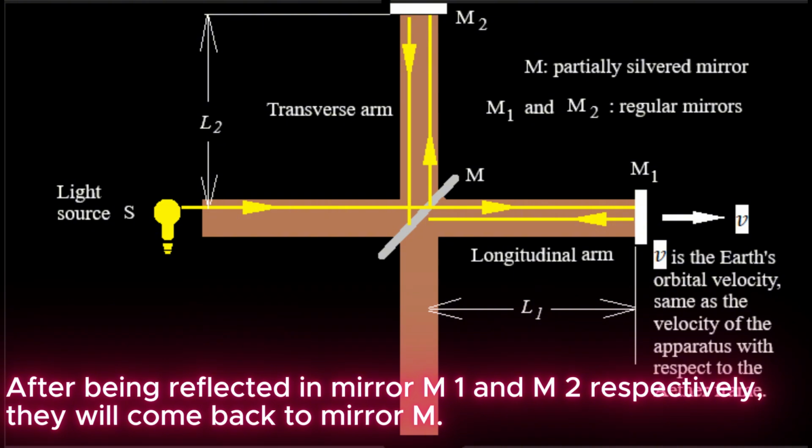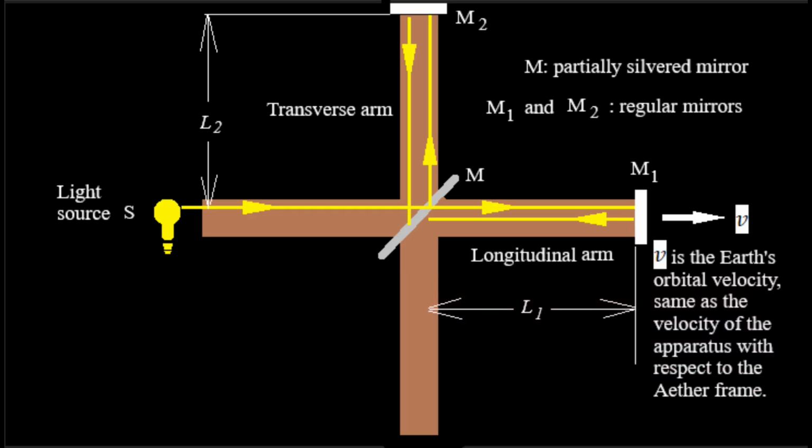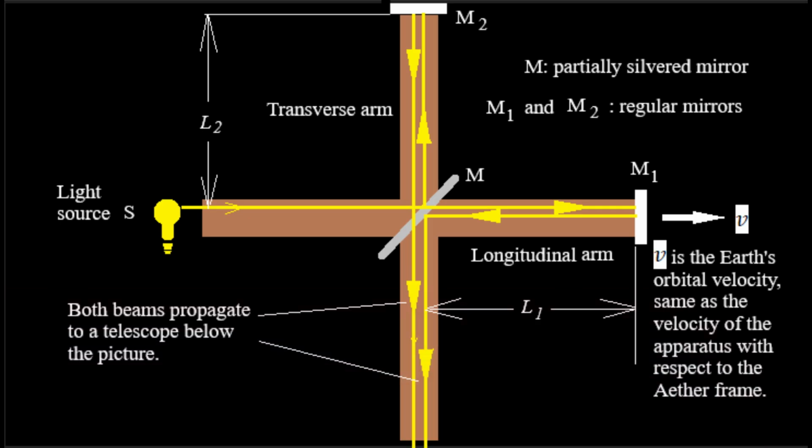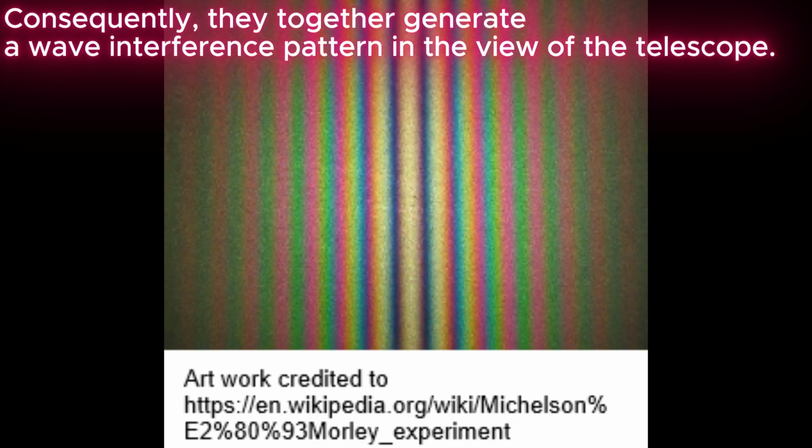After being reflected in mirror M1 and M2 respectively, they will come back to mirror M. At M, they jointly move forward to the telescope, which is below the diagram and not shown here. Consequently, they, together, generate a wave interference pattern in the view of the telescope.